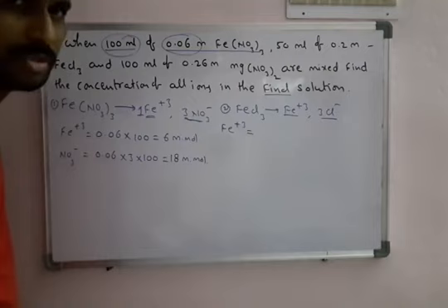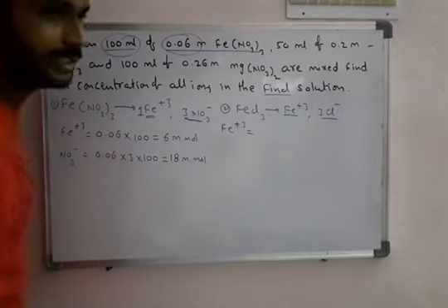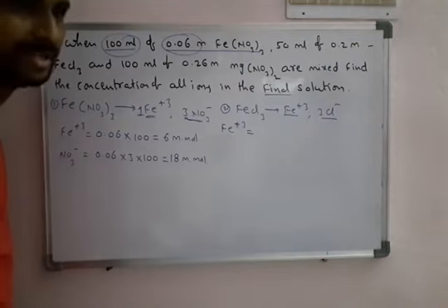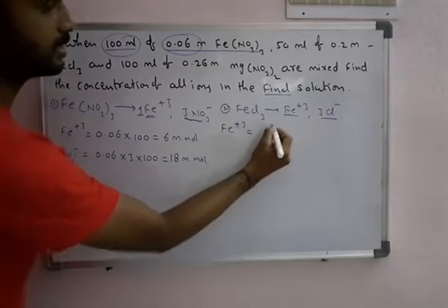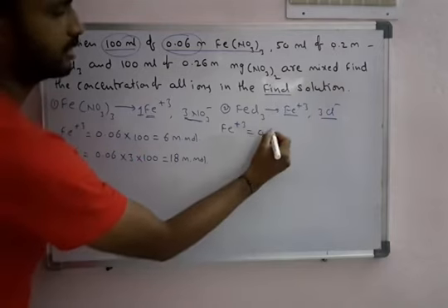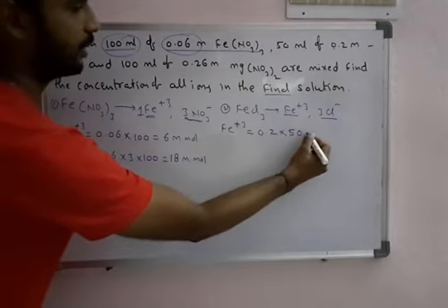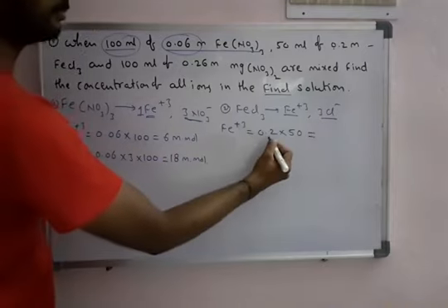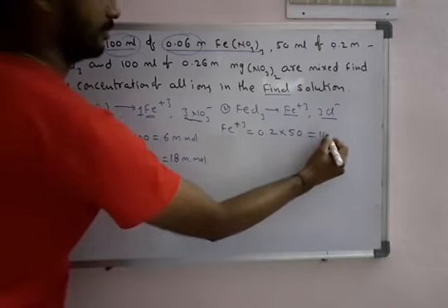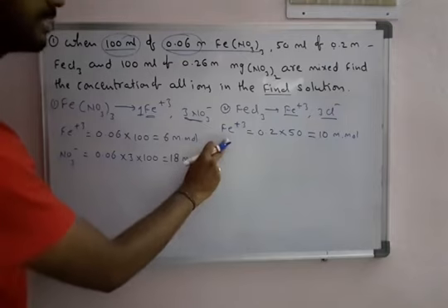Why millimoles? Because the concentration is given in molarity and the volume is given in milliliters. So what is the Fe+3 concentration? Only 1 mole, that is 0.2 into 50 milliliters, equal to 10 millimoles of Fe+3 in the second solution.